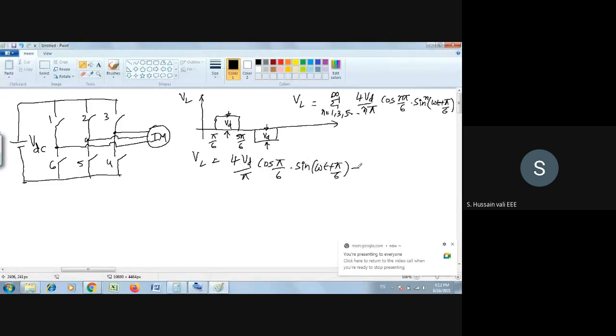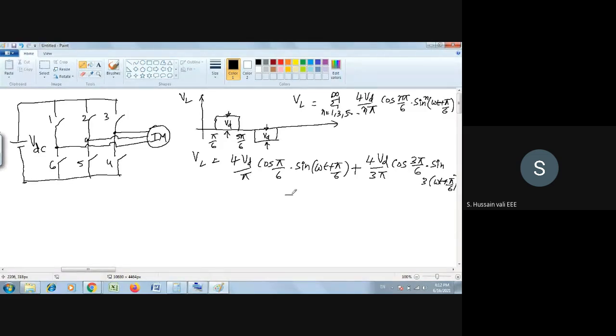Now we will take n is equal to 3, then 4 VD by 3 pi, cos 3 pi by 6 into sine 3 into omega t plus pi by 6. This you will see, and so on.